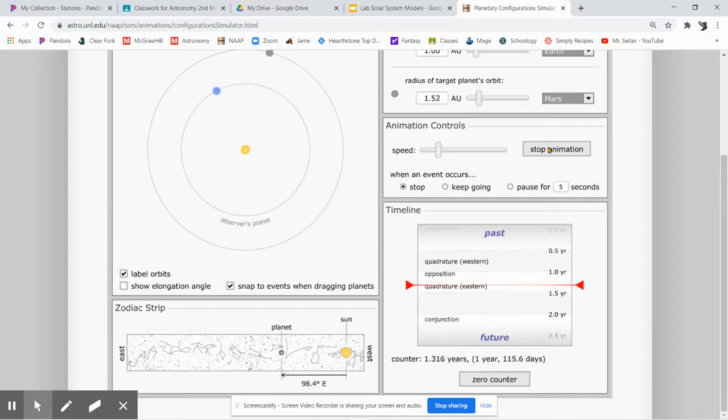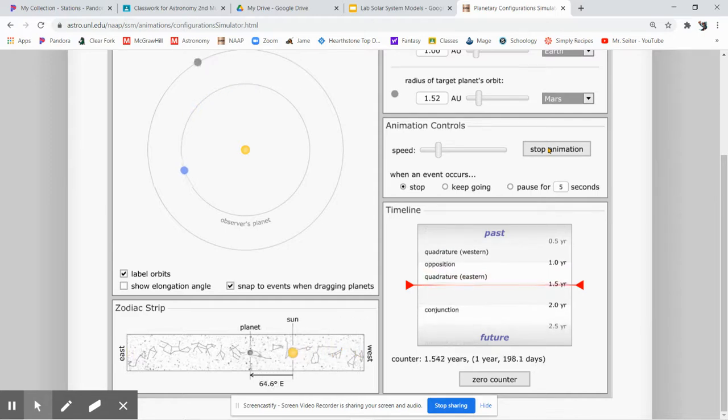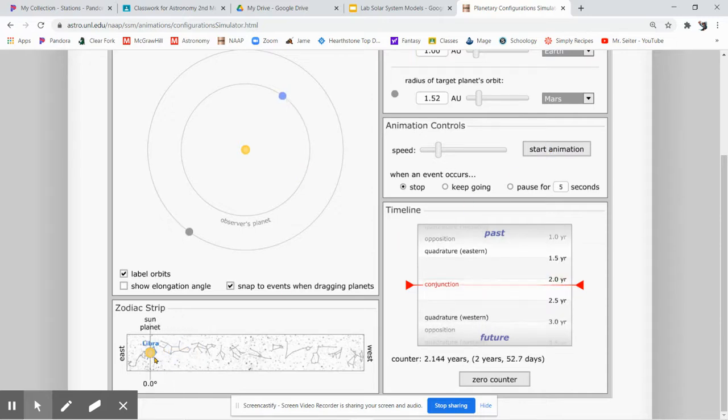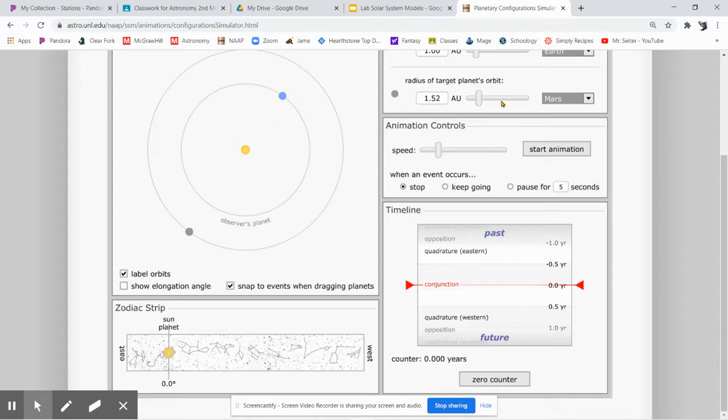Notice it. Did you see the retrograde there? That was pretty cool. Oh, we're going to have to drag this back. Right here is where we're at. I'm going to try that again. I'm going to try this one more time. Let's pick a spot so we can see it's in the middle of Libra. So let's watch for Mars to get back to the middle of Libra again.